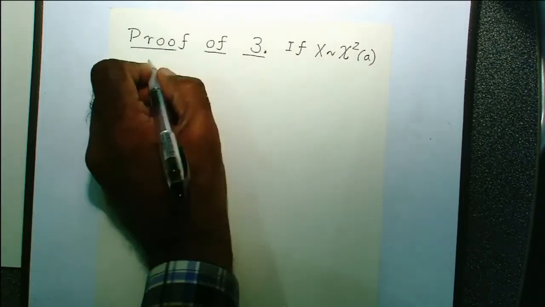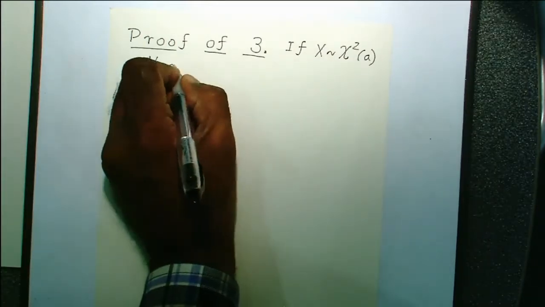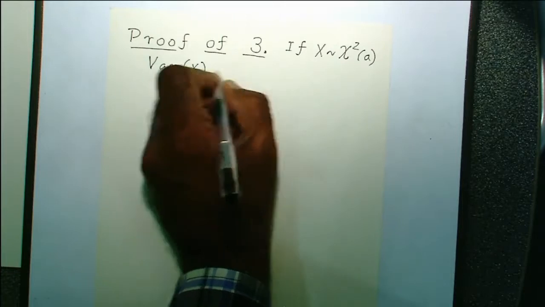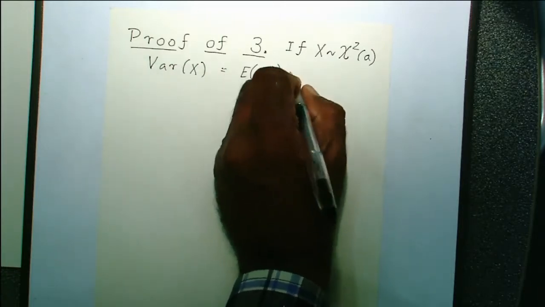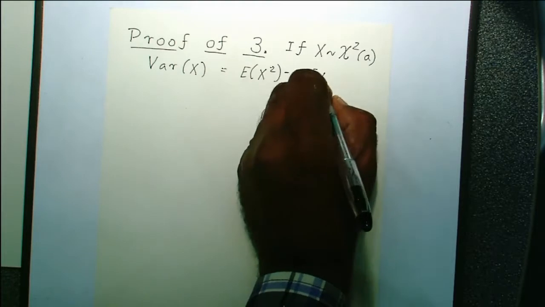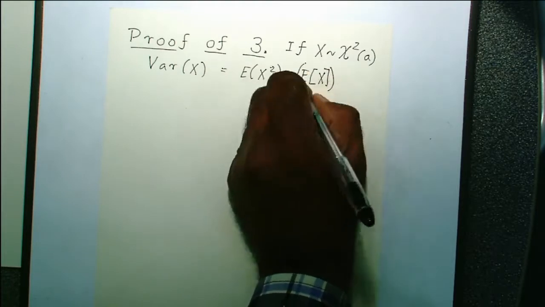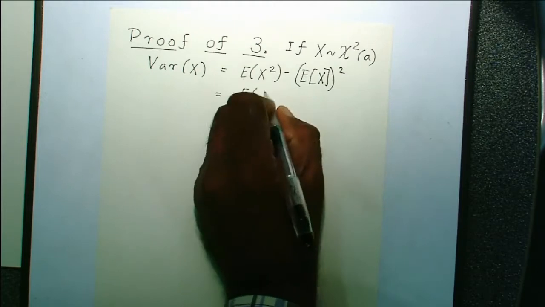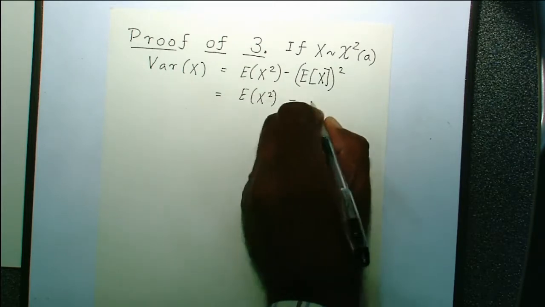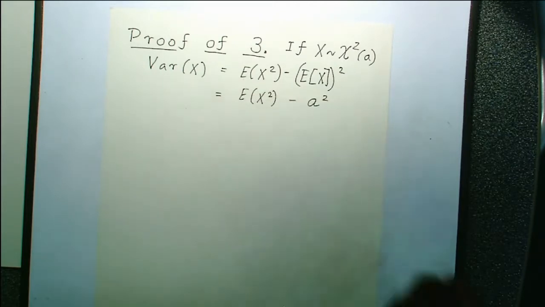We can write the variance as the expectation of x squared minus a squared.